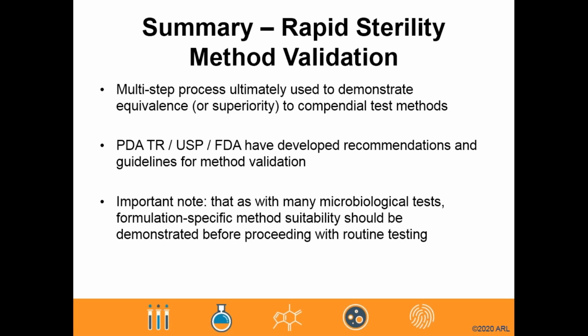Again, to reiterate one final note regarding validation testing, that is that method validation is completely separate from formulation-specific method suitability. Once a rapid sterility test method has been validated by the lab that plans to use it, each formulation to be tested still requires method suitability be performed in order to demonstrate its compatibility with the system or the technology.